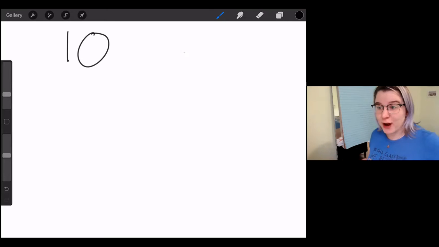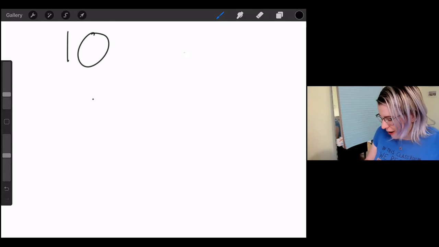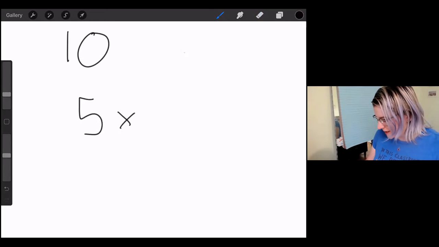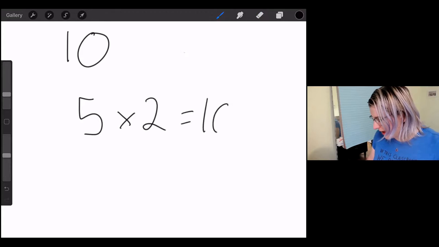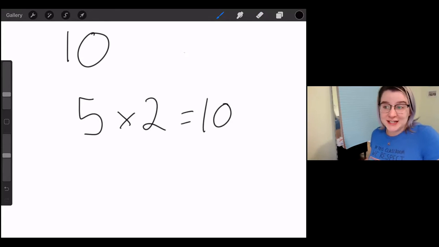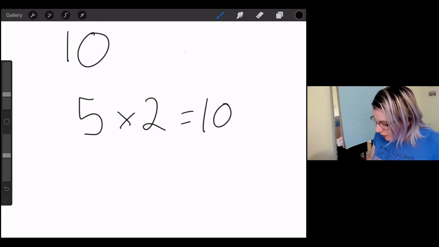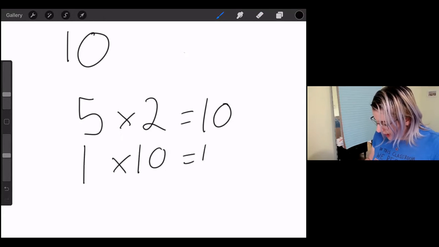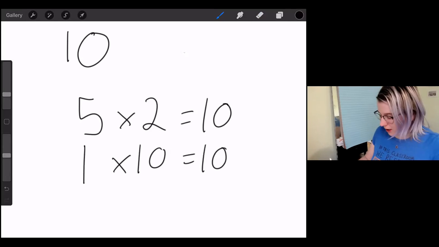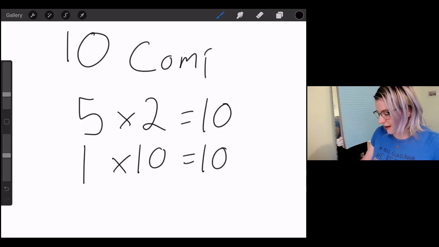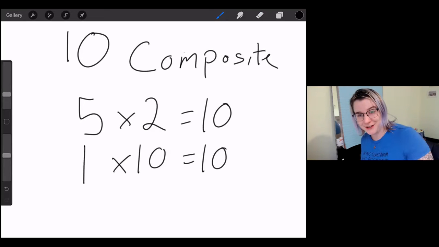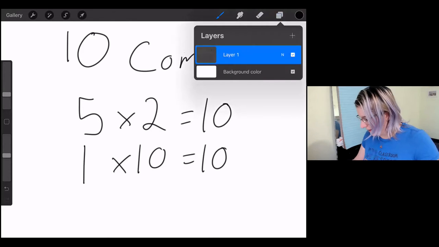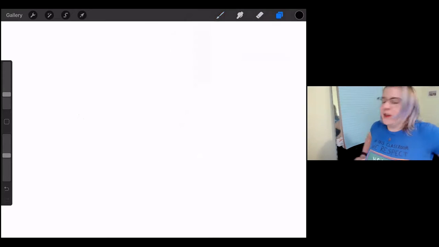And pulling off my prior knowledge of multiplication, I know fully well that 5 times 2 equals 10. So without even having to go through the process of making sure I have every single factor, I know that 5, 2, 1, and 10 are factors. And so I know that this is composite. It has more than 2 factors. It is composite.